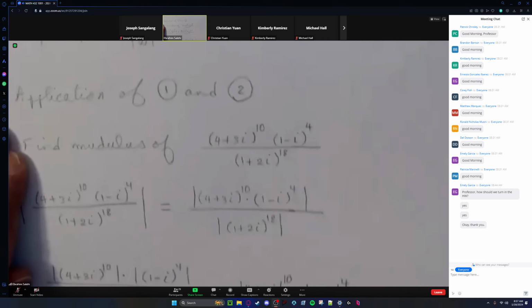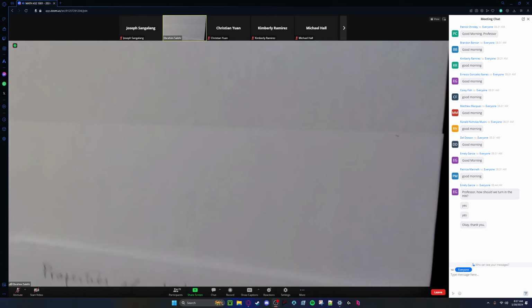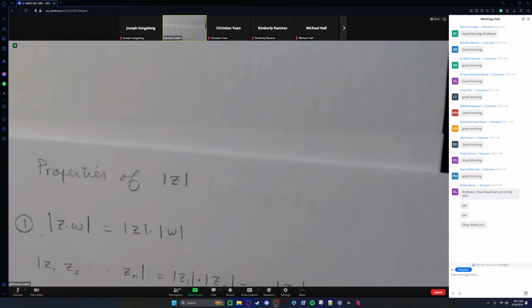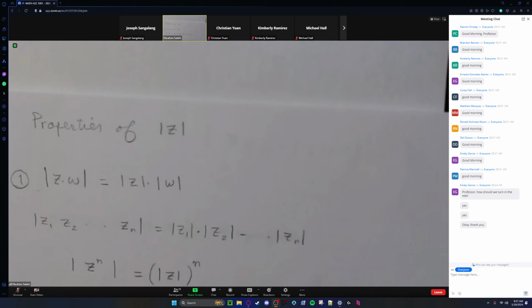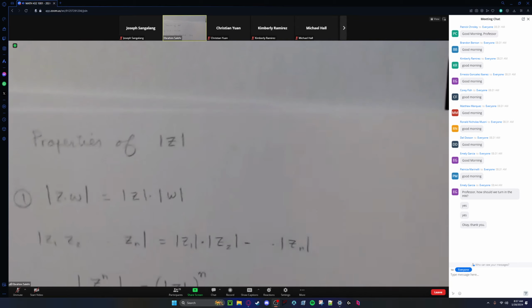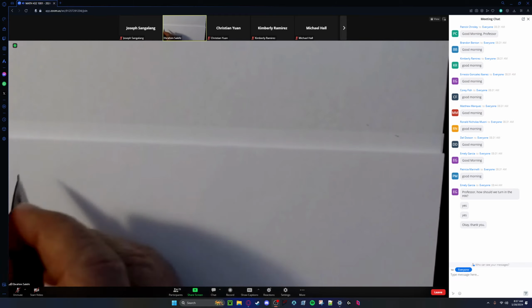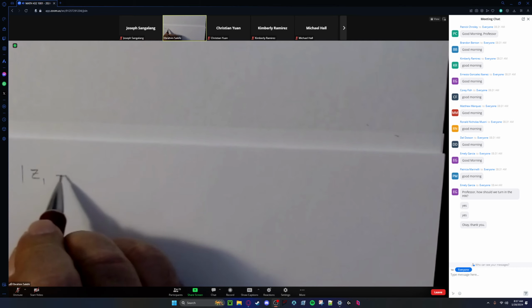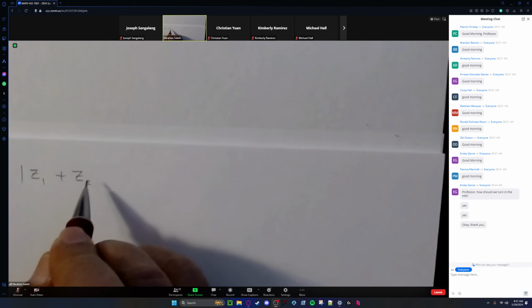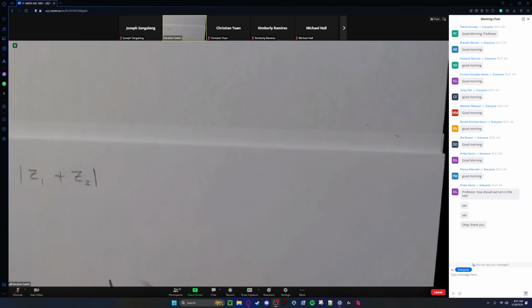Now, going back to properties of modulus. Remember, modulus is just the distance from the origin to the point. However, when it comes to z1 plus z2, for multiplication we noticed what happened.